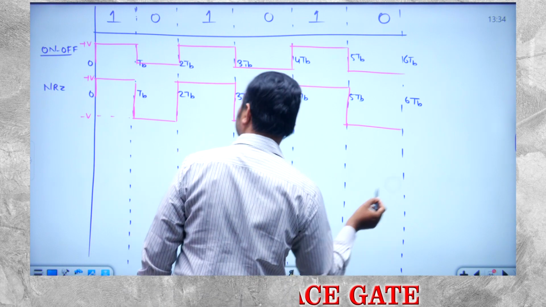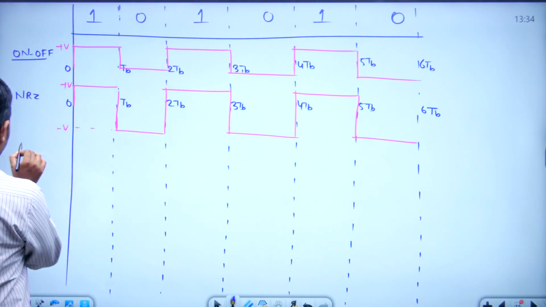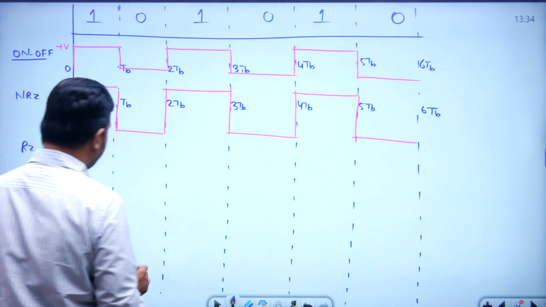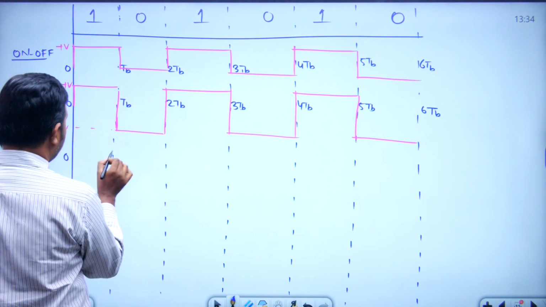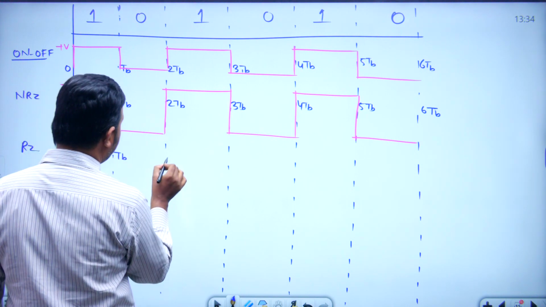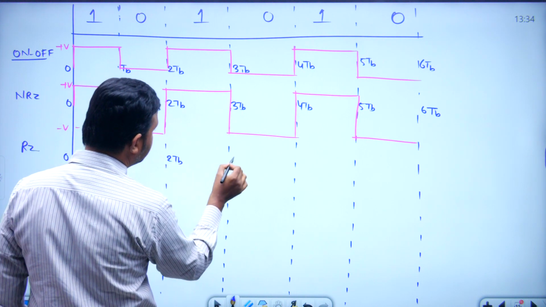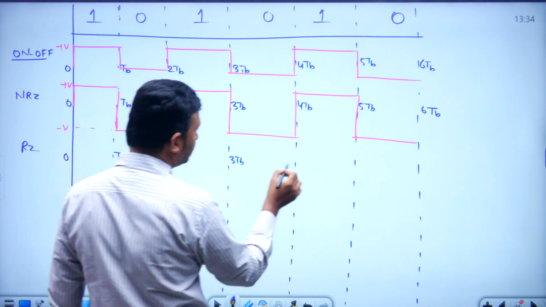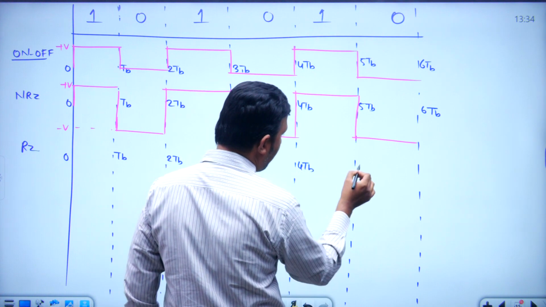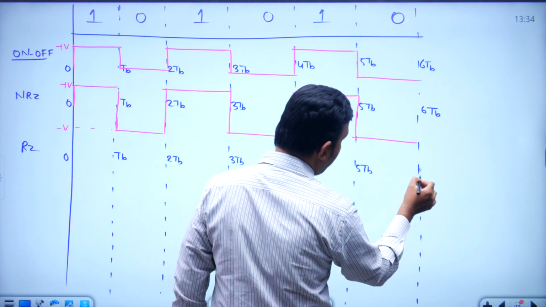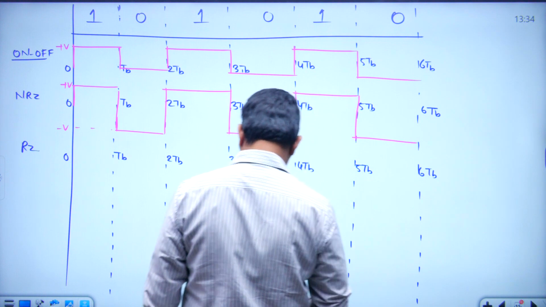After this, return to 0. This is 0, this is TB, 2 TB, 3 TB, 4 TB, 5 TB, 6 TB.